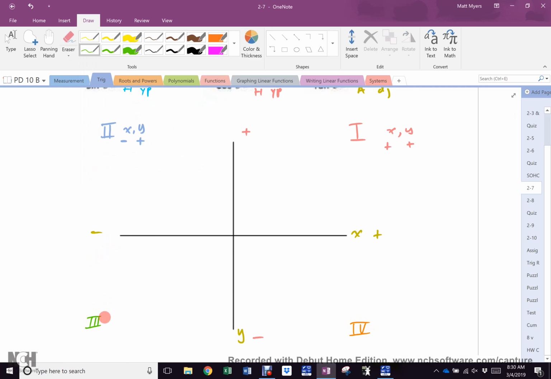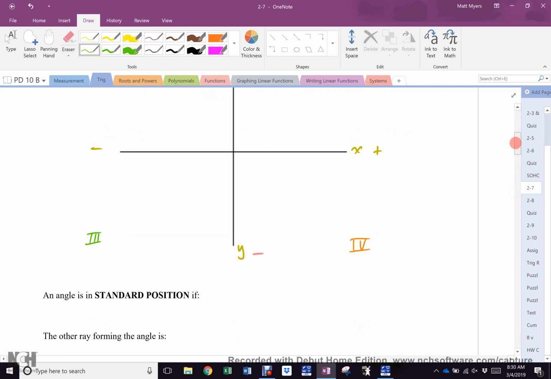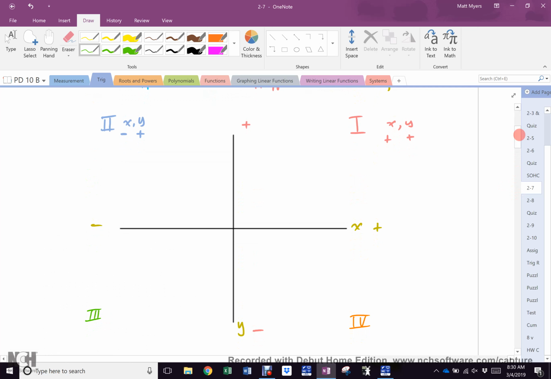Because I care. And of course, this is again x and y, but they are both negative. And our orange buddy over here is again x and y, except it is positive and negative. And everyone's cool with that, right?